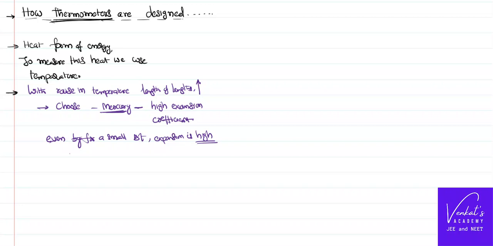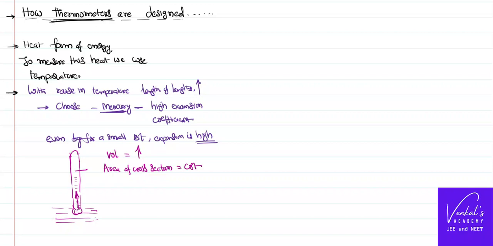So how do we do it? We take a cylindrical tube with a bulb at the bottom, and mercury is filled inside. This bulb is kept in contact with the body whose temperature has to be measured. Then the mercury expands. The volume of the mercury increases, but the area of cross section of the tube is constant.